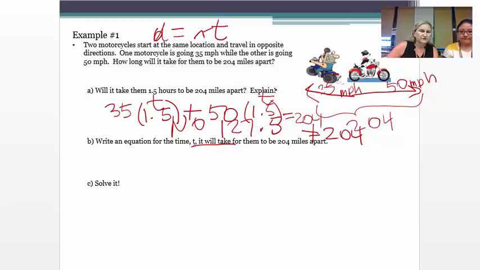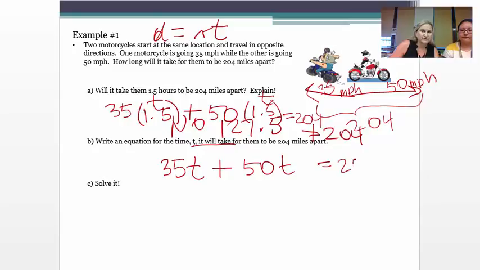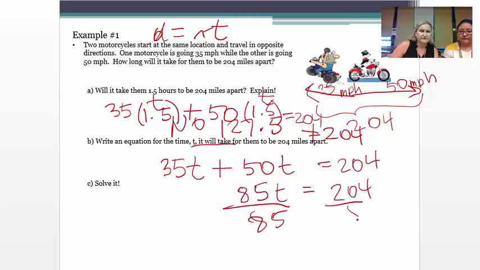So using that for my equation, I have 35t for the first motorcycle, plus the distance of the second motorcycle, which is 50t, and that should be equal to 204. So combining like terms, we end up with 85t equal to 204, so t is 204 divided by 85.